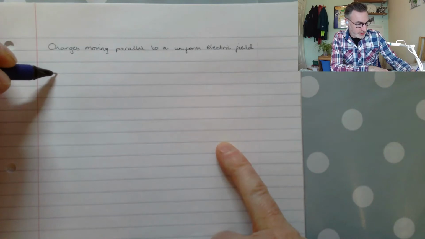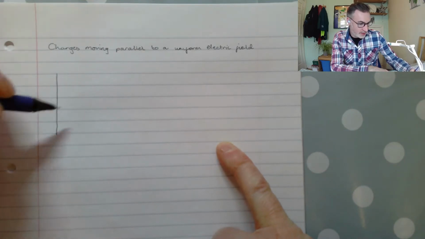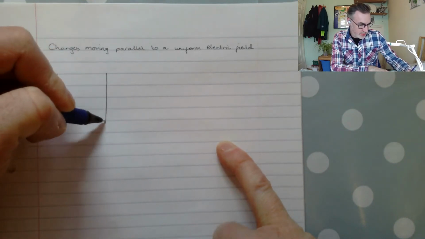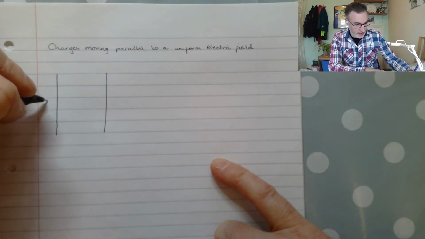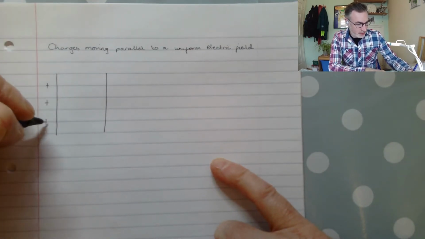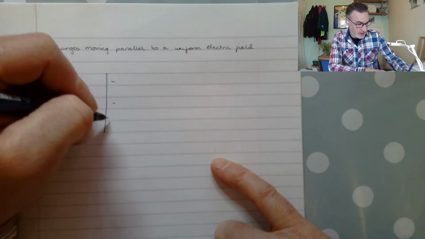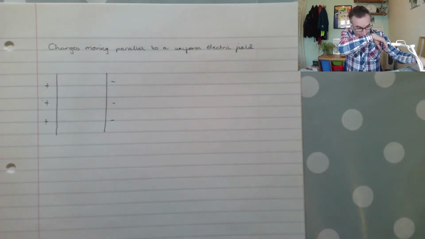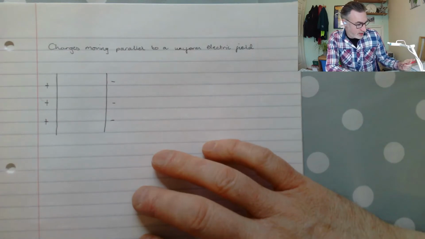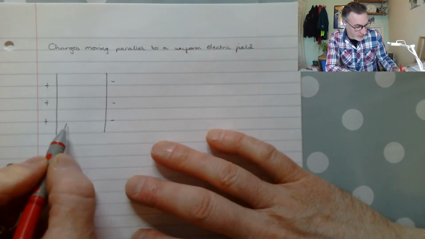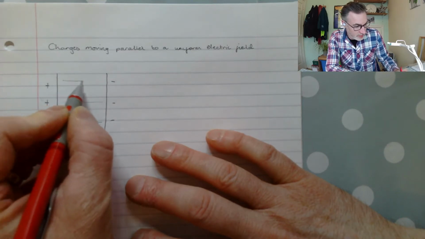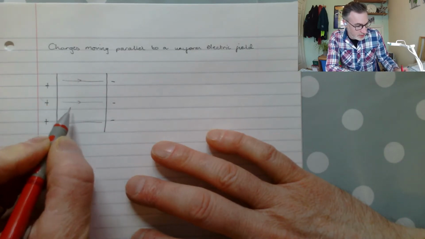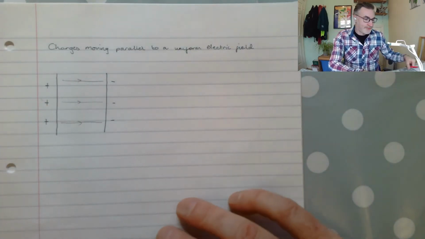Just to remind you, we had two parallel plates, with a positive charge on one side and a negative charge on the other side. Then you have an electric field, and it would look something like this. I won't draw too many lines, just there.